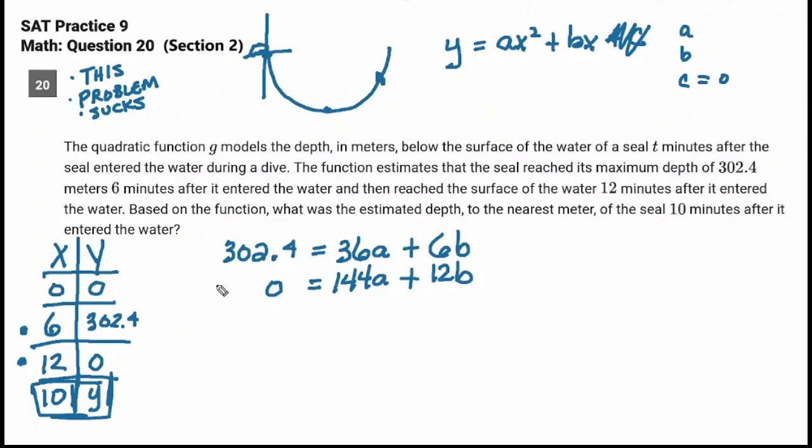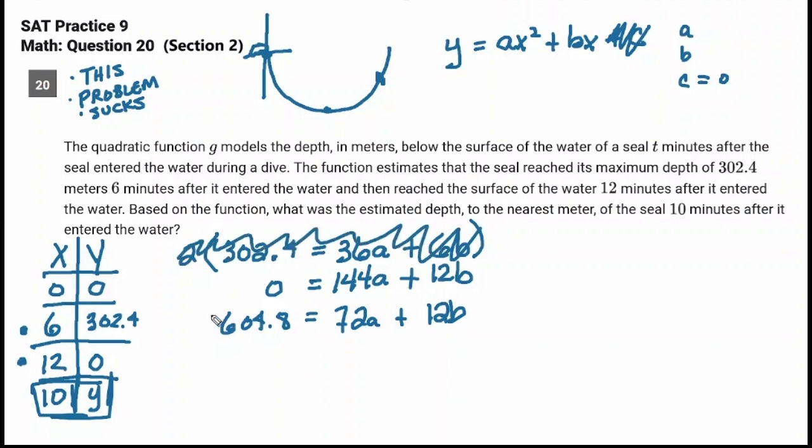Can't do that here, so I'm going to multiply one of my equations. I'm going to multiply this one by 2 to get to 12b. So I get 2 times 302.4, obviously calculator math, 604.8 equals 2 times 36 is 72a plus 12b, 6 times 2 is 12b. All right, now I'm in business.